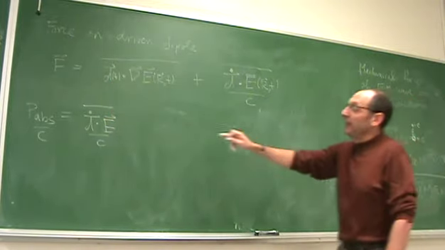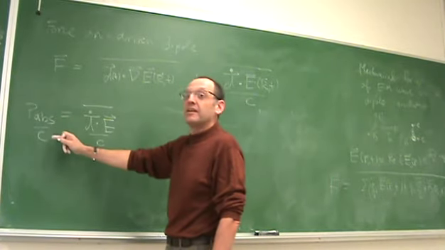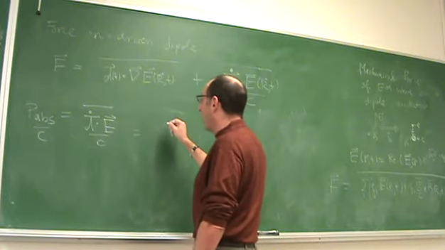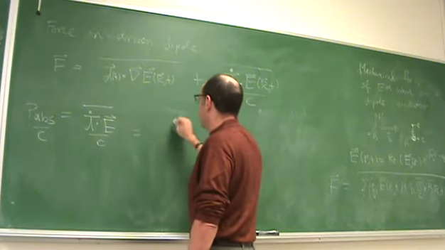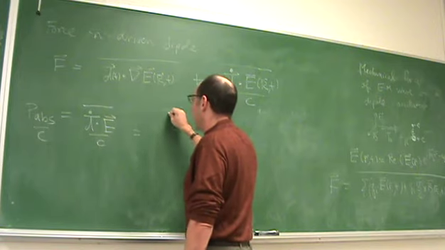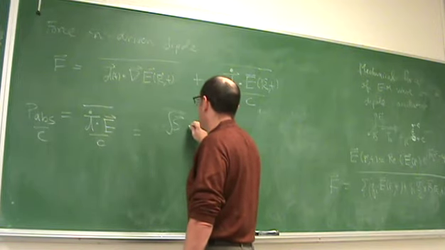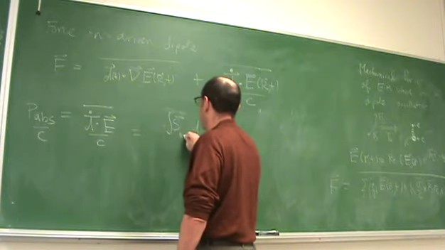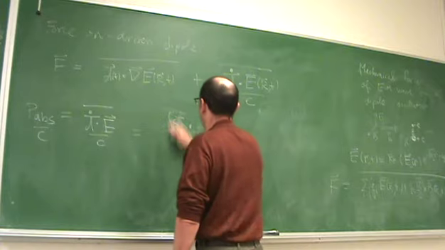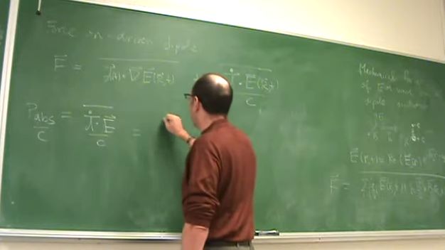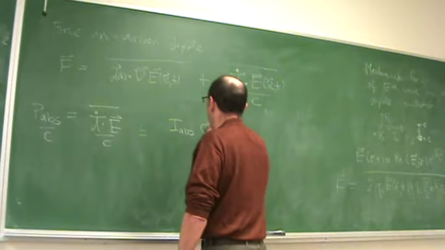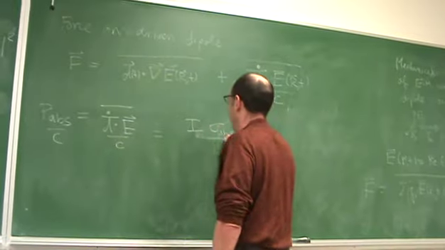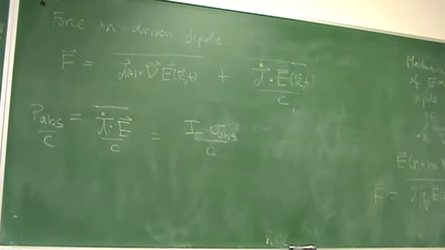it's equal to the power absorbed divided by c, and the power absorbed is equal to the integral of the Poynting vector that's absorbed. I should write it this way: the power absorbed is the intensity incident times the absorption cross-section.